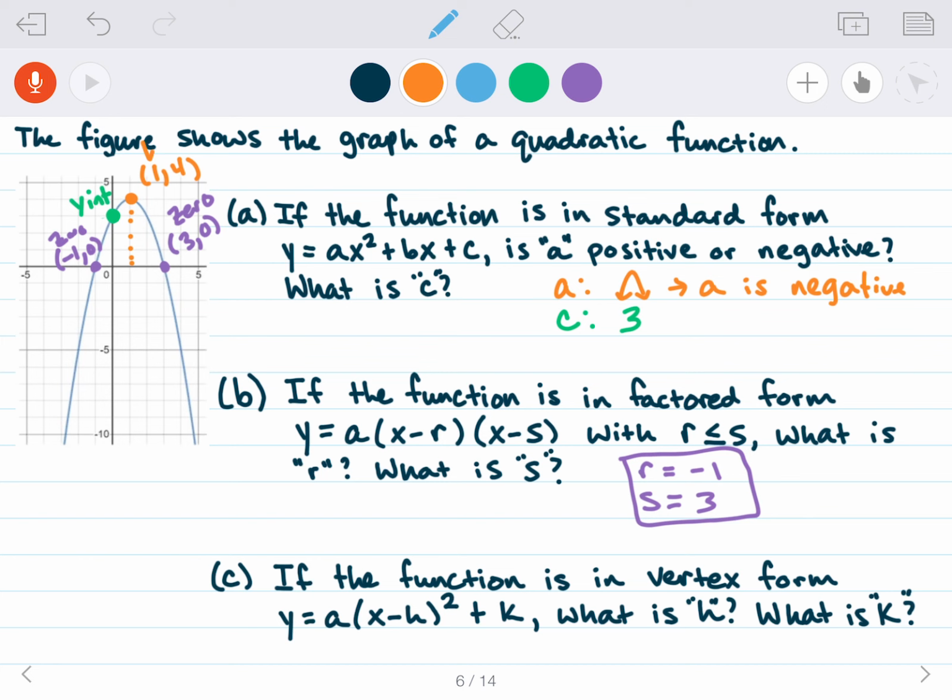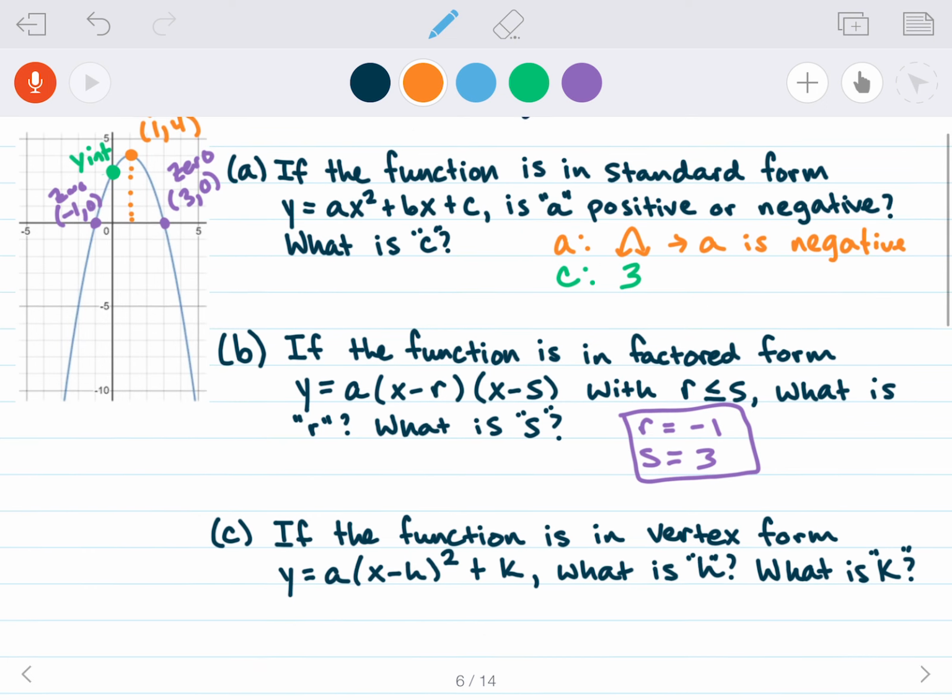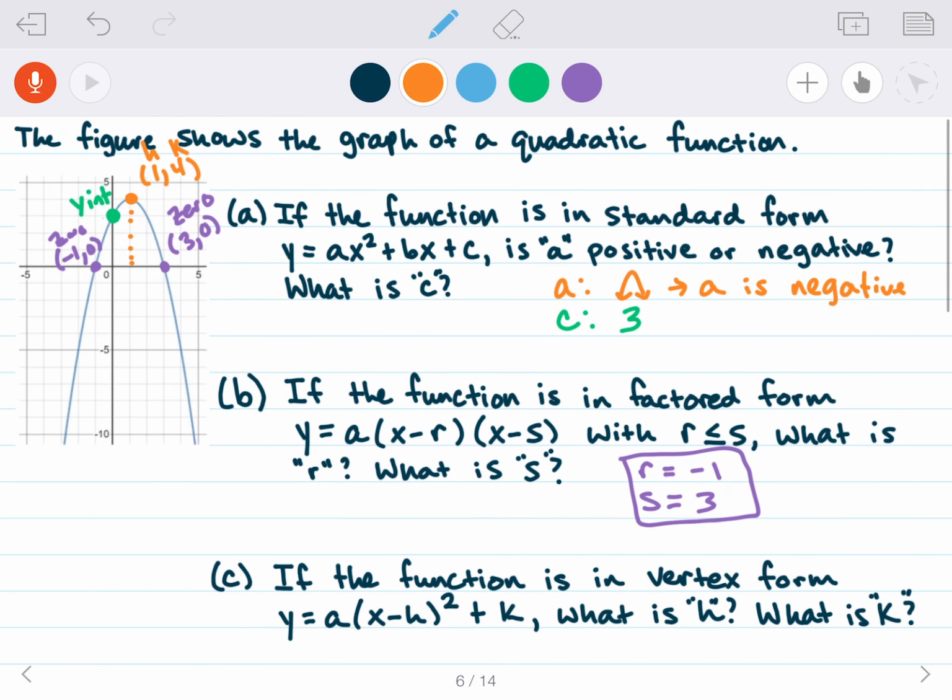This is h, k. So h is going to be our x component of the vertex, which is 1, and k is going to be the y component, which is 4. So that's going to be the highest or lowest point. In this case, it's a highest point because it opens down.